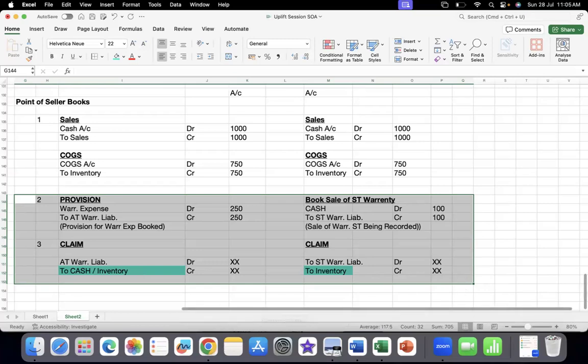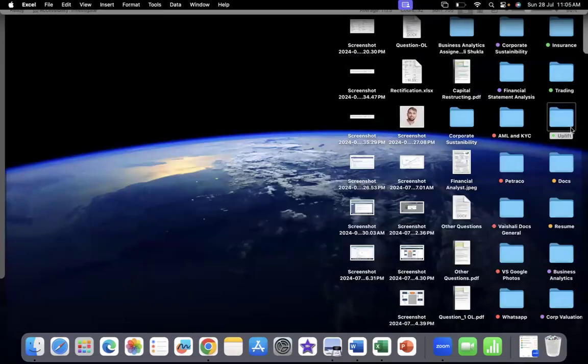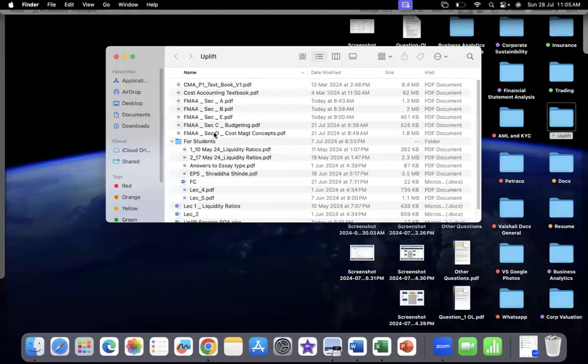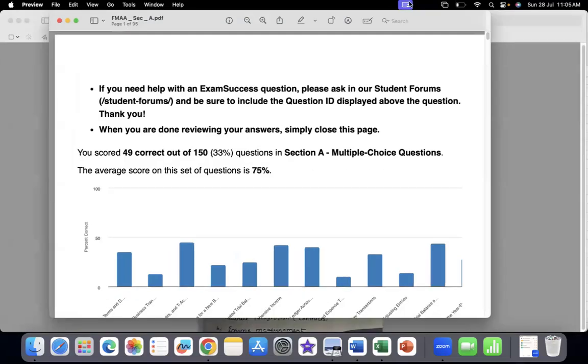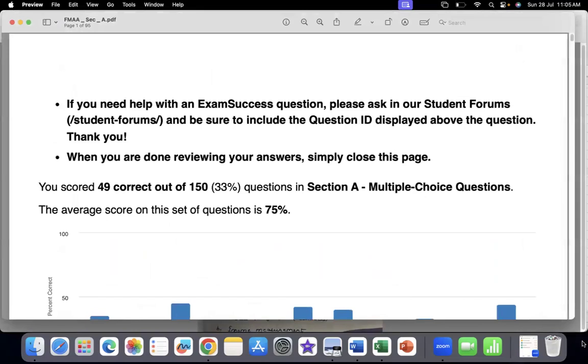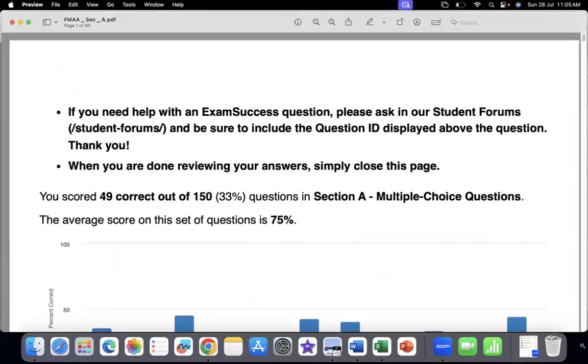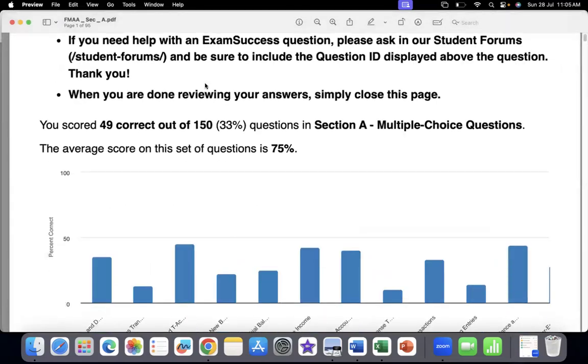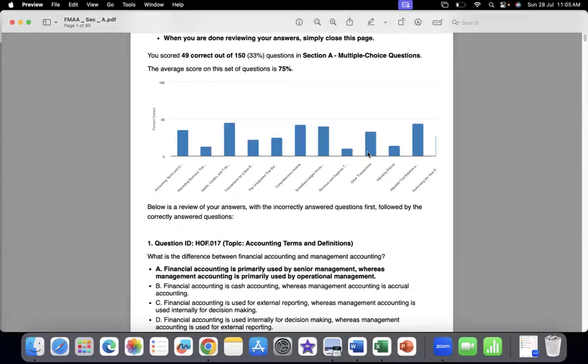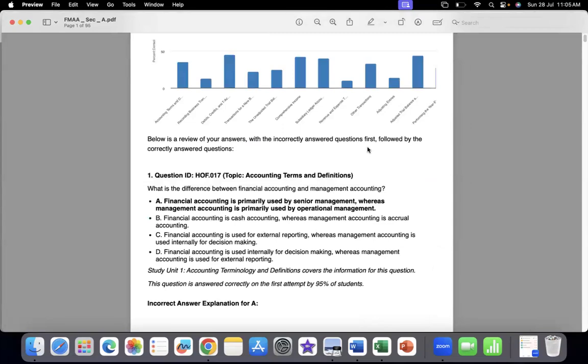I have a few questions on pre-CMA on this part, section A. I would be sharing these questions over the group. Whosoever is in pre-CMA can still do it. Whosoever is in FMA can still do it. The level is not that high because they are FMA based questions, but it's a good revision to start with.